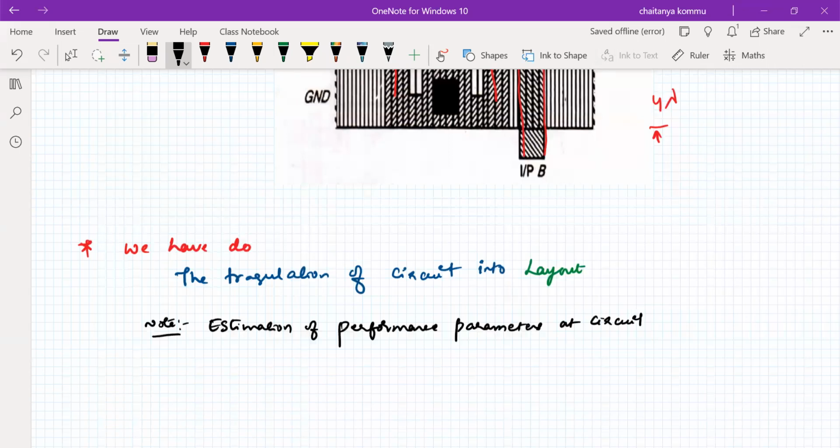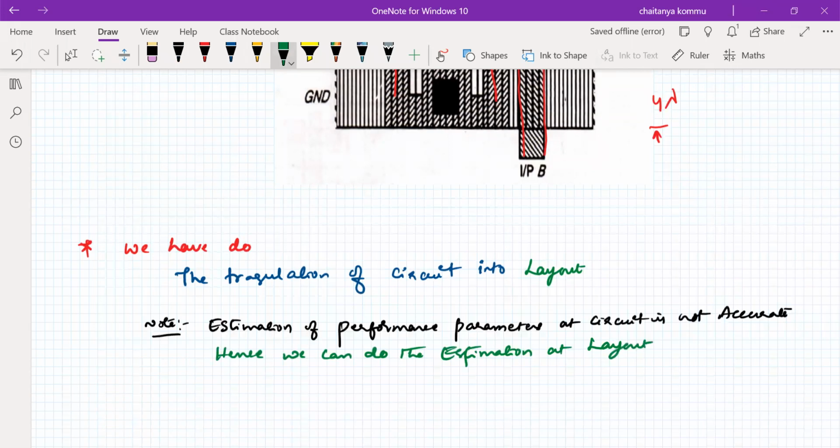Estimation at circuit level is not accurate, so what can we do? We can do the estimation at layout, which gives you more accurate values. Clear? That's what we have to understand about it.